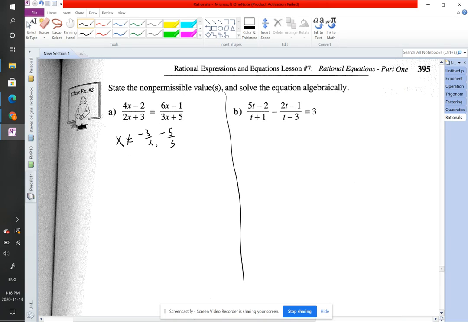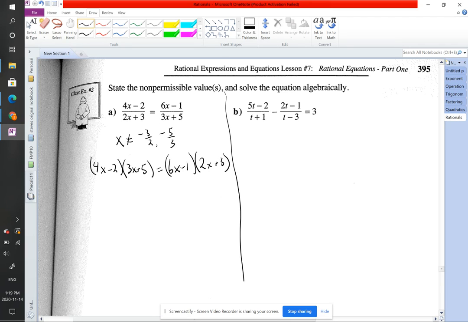And now what I'm going to do is cross multiply so that I have 4x minus 2 all multiplied by 3x plus 5, and that's equal to 6x minus 1 multiplied by 2x plus 3.